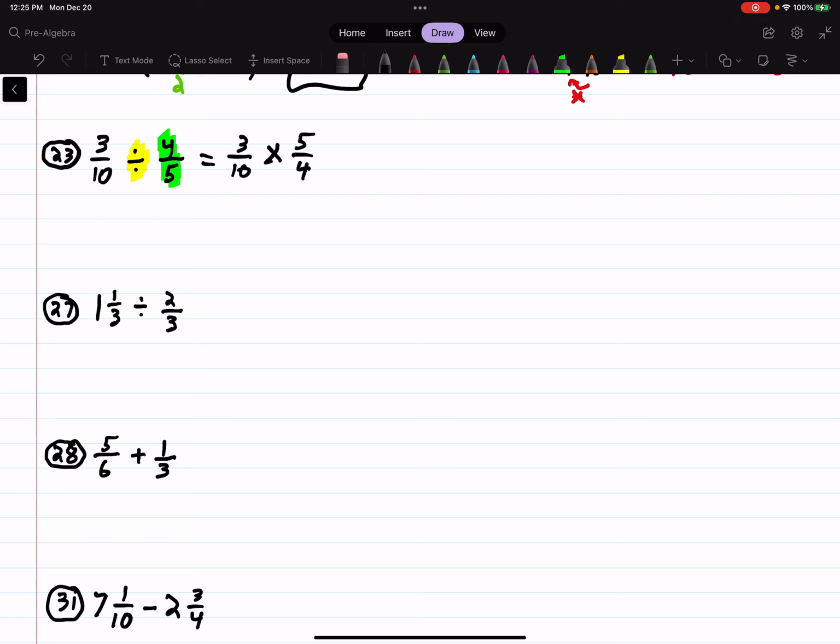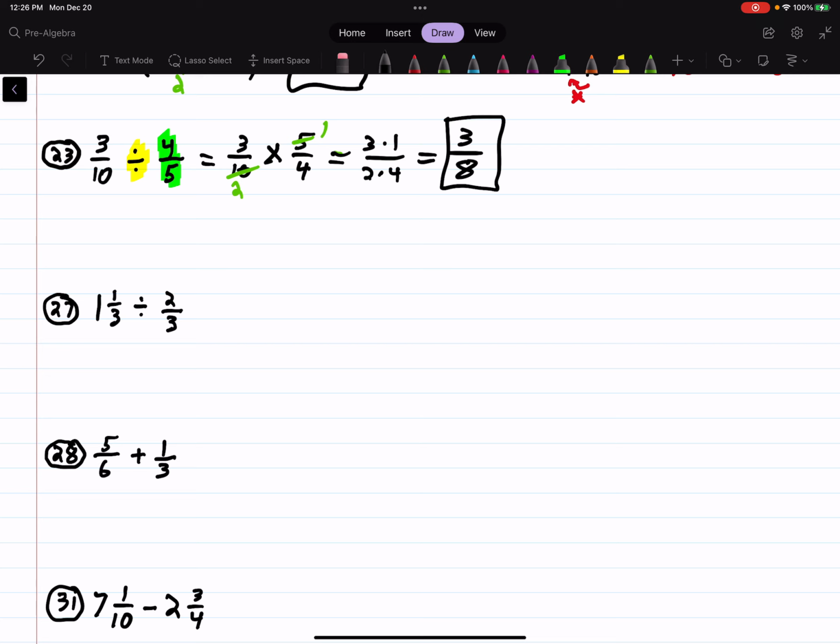When we do so, we see we have cross cancellation now, 2 and 1, and we can now say 3 times 1 on the top, 2 times 4 on the bottom, which gives us 3 over 8. And that is the answer to number 23.